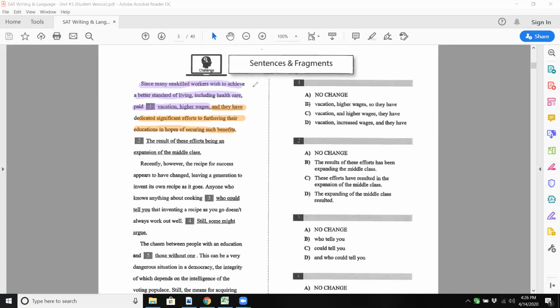These are both dependent clauses, so we need to fix this somehow. So I like C, because let's actually read it again.